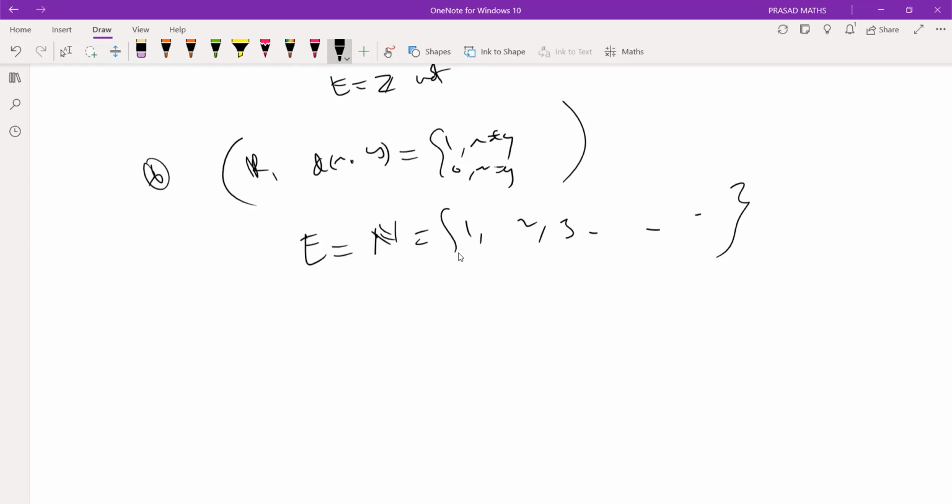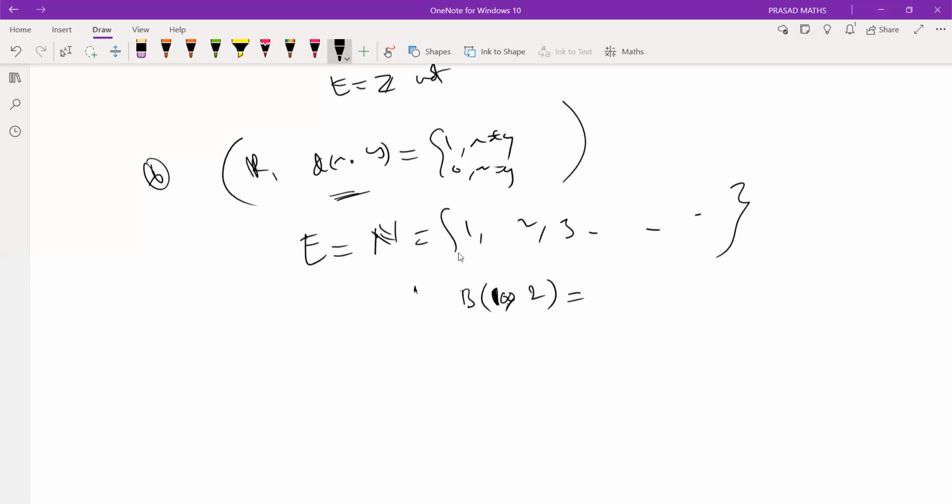Because, as I told you, suppose I take a ball with center 1 or 100, something else, radius 2. What is my open ball with respect to the discrete metric? Center 100, radius 2. Anybody?